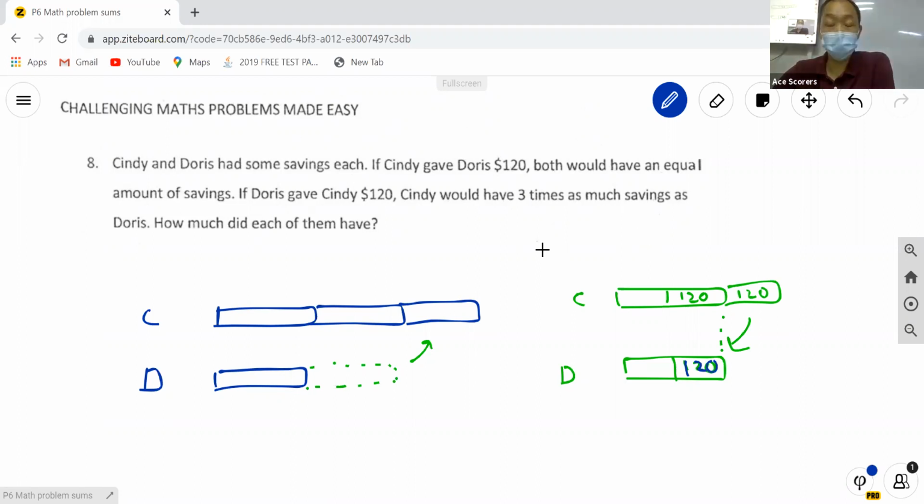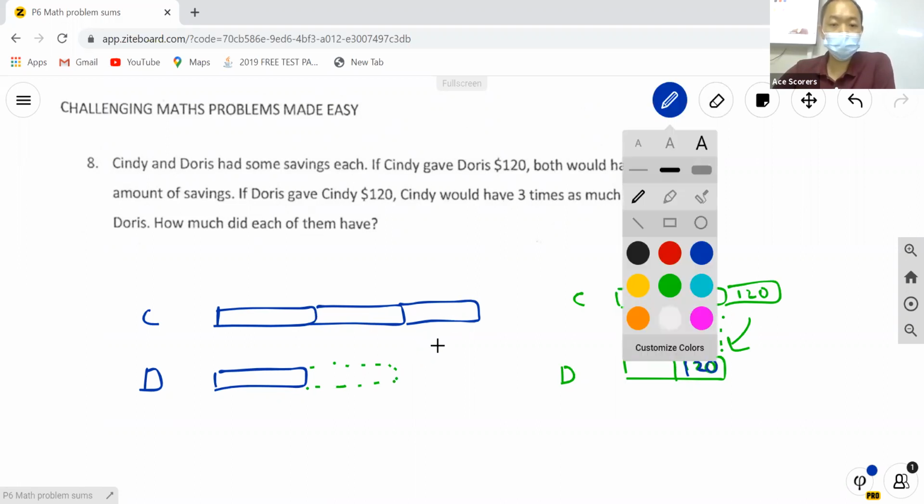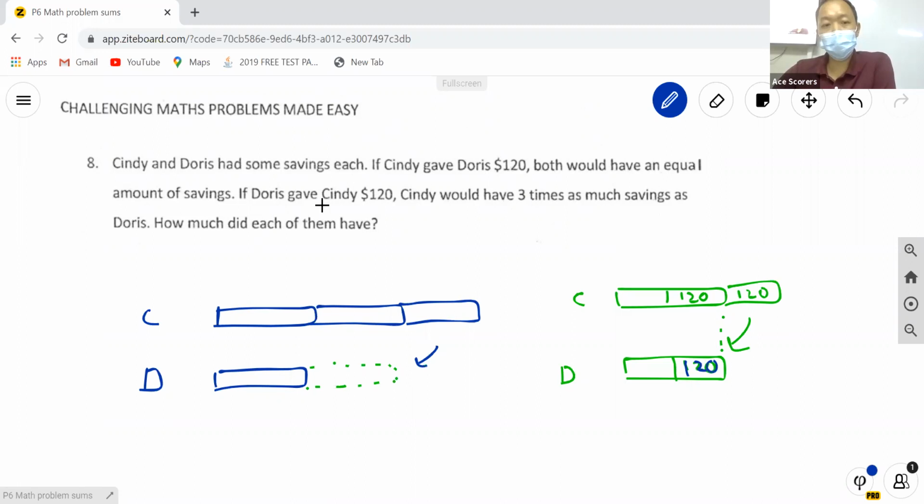How do we solve this? Let's see. If Doris gave Cindy 120, this should be going back. If Doris gave Cindy, Cindy will have 3 times. So it's 120 here. Wait a minute.